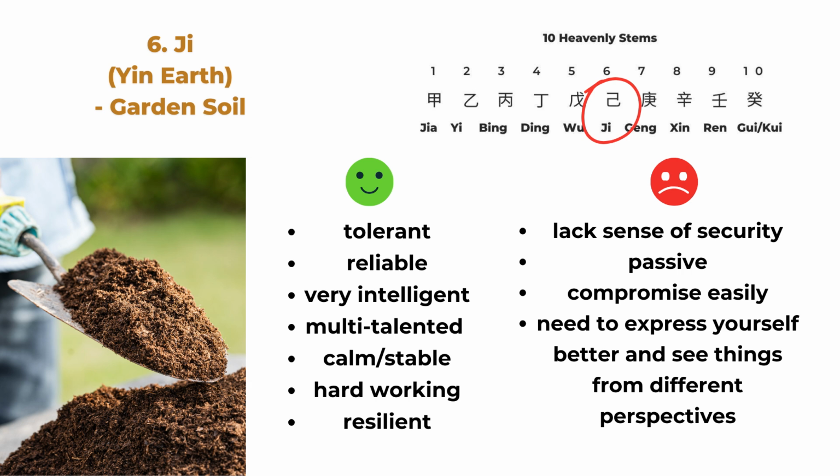The negative side, you can be lacking sense of security and you tend to be more passive and compromise easily. So same as the last type, it's good if you can learn to express yourself better and see things from different perspectives. One issue about the Ji type is the lack of security, so sometimes you overthink and worry too much.